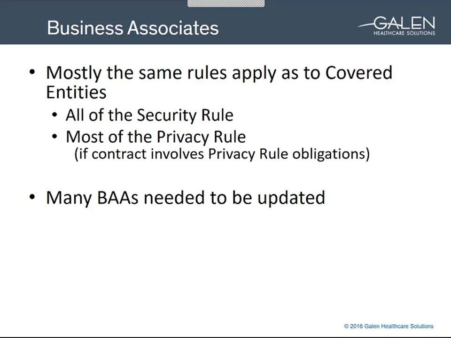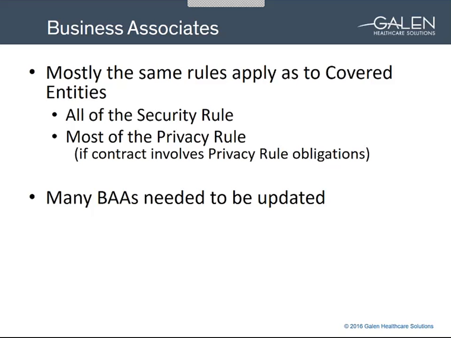And most of the privacy rules, and there is sort of an asterisk on that, in the sense that generally business associates adhere to the privacy regulations and privacy policies of the covered entities that they're contracted with. And so if we're engaged with a healthcare organization as part of our business associate agreement, we will specifically agree to adhering to their privacy rules.